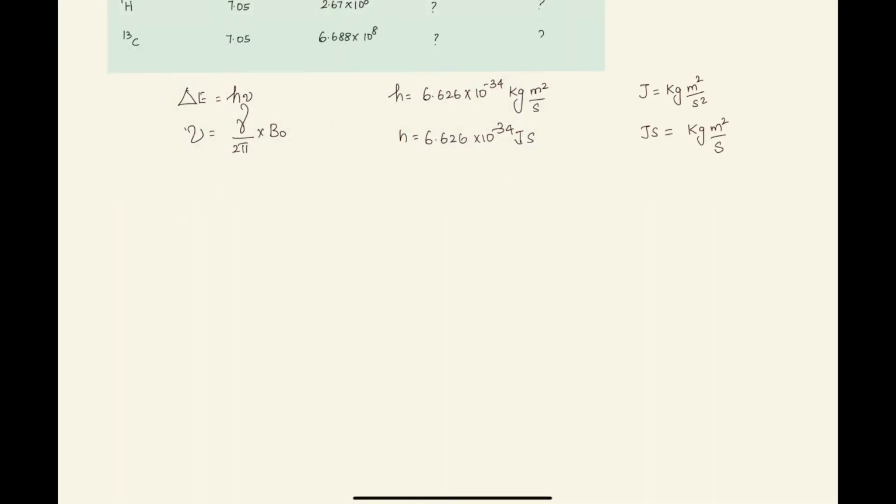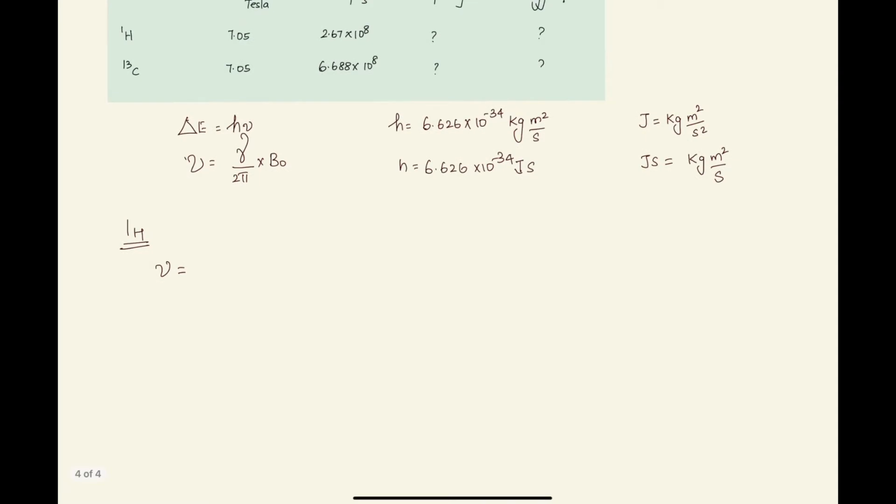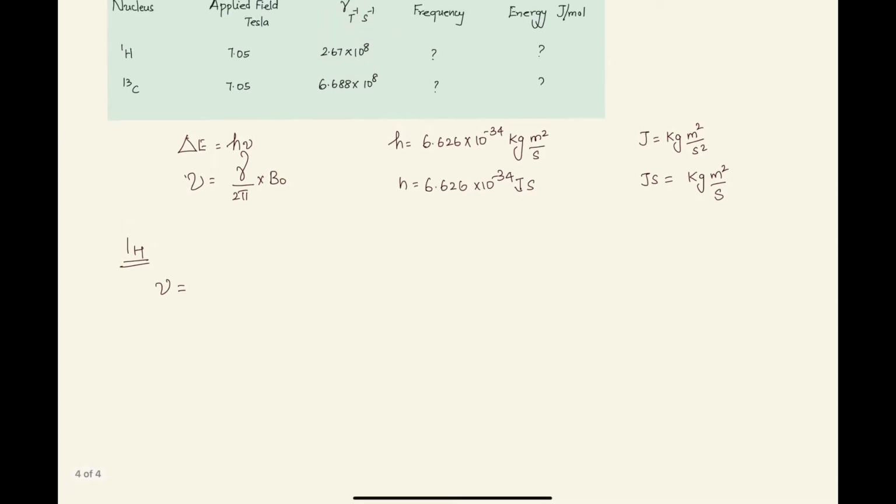Now that we have all the formulas and units, let's work on the frequency for the hydrogen nucleus. Okay, so for the hydrogen nucleus, the frequency is gyromagnetic ratio times B0 divided by 2 pi. The gyromagnetic ratio for the hydrogen nucleus is 2.67 times 10 to the power of 8 Tesla raised to the power of minus 1 and S raised to the power of minus 1. Okay, so make sure that you put all the units in place.